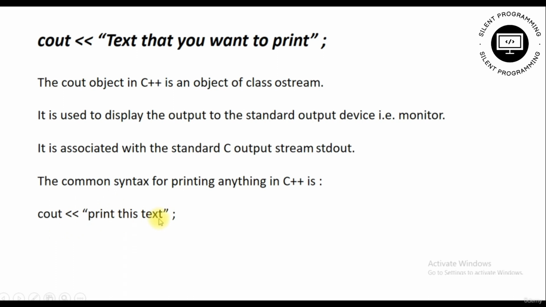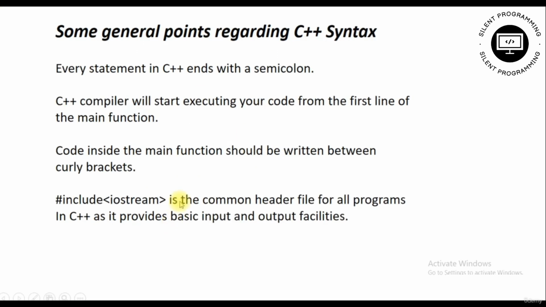Write this and then, in quotes, the text that you want to print on the screen. This is the common syntax for printing anything on the screen. And one necessary thing, make sure to use a semicolon to end your line of code. Every statement in C++ ends with a semicolon, as we've already discussed.